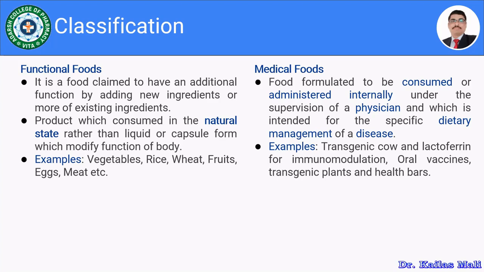We are not going to consume the material in the form of capsules or tablets. In such cases, it is said to be a functional food. For example, vegetables, rice, wheat, fruit, egg, meat, and so on. Dietary supplements are those consumed in certain dosage forms, right? Tablets, capsules, powders, and so on.